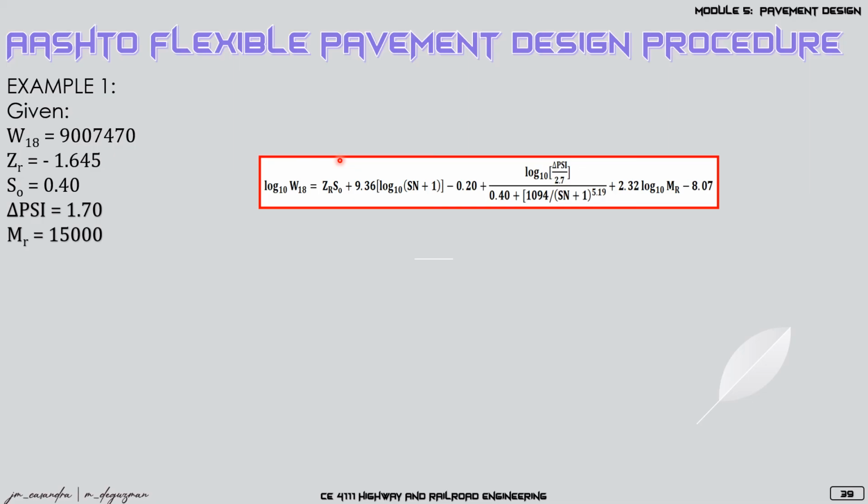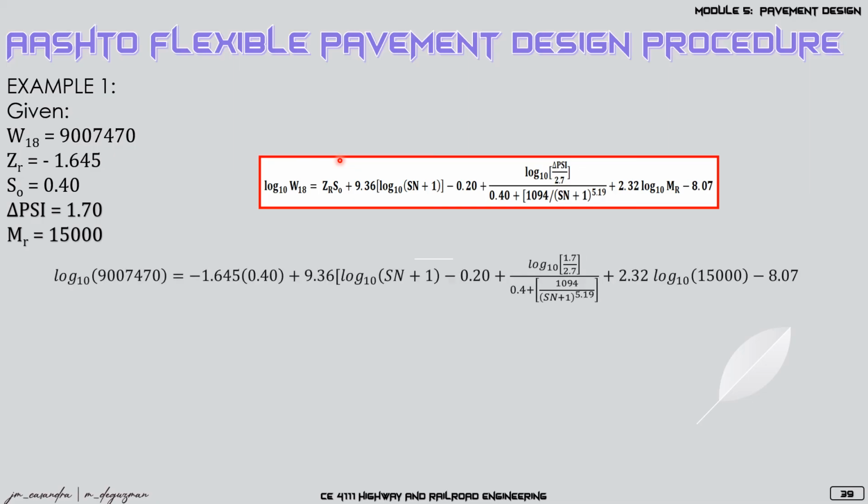And from there, we can apply iteration, or simple trial and error, and arrive at the value of SN, the structural number, equal to 3.9401. In this case, we can approximate our computed SN as equal to our assumed SN of 4.